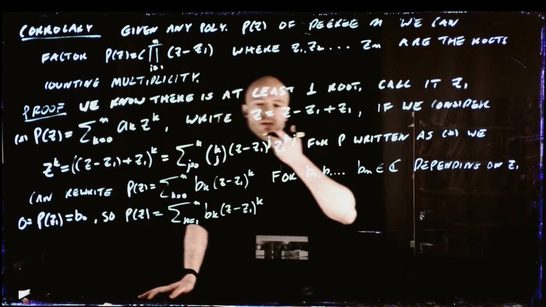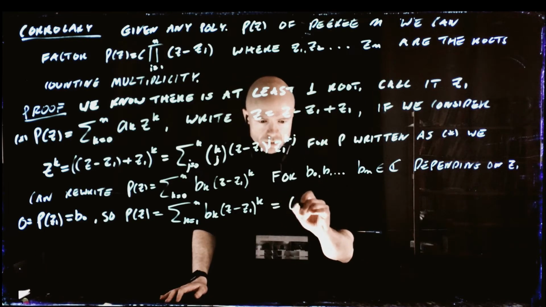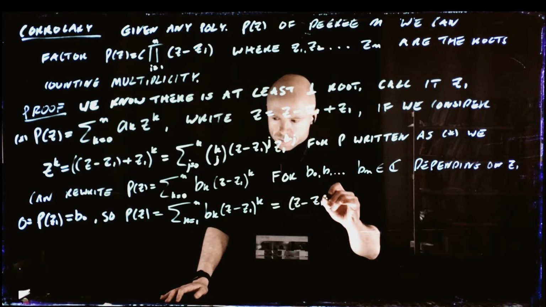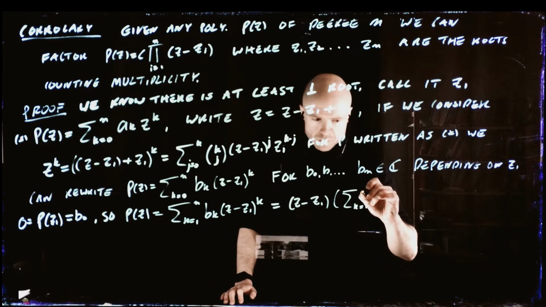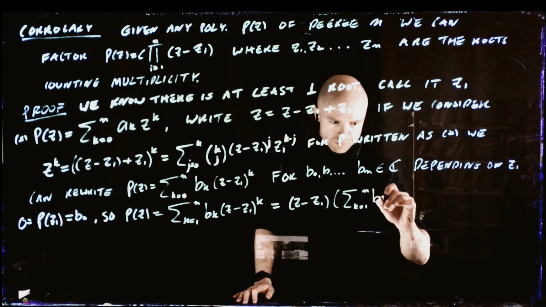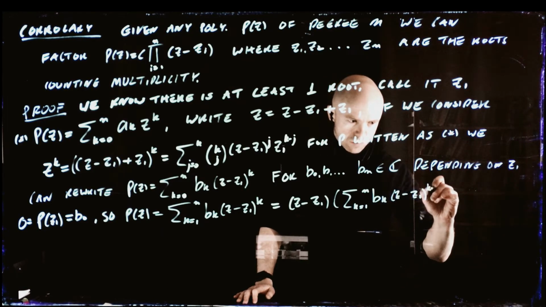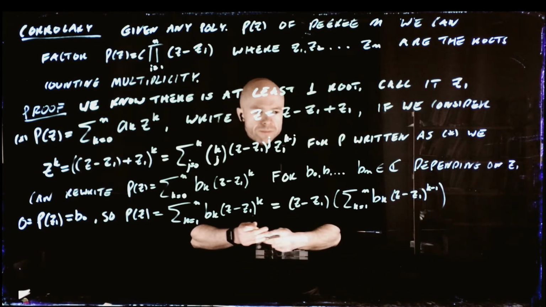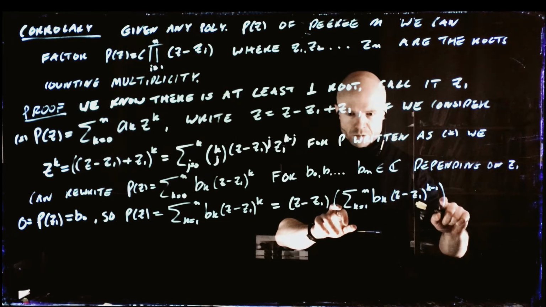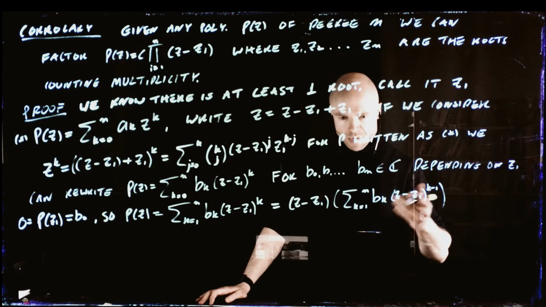Now let's factor out a z minus z1. Why is that good? Now this is another, different polynomial, of degree 1 less. But by the theorem we've just discussed, this polynomial too has a root.